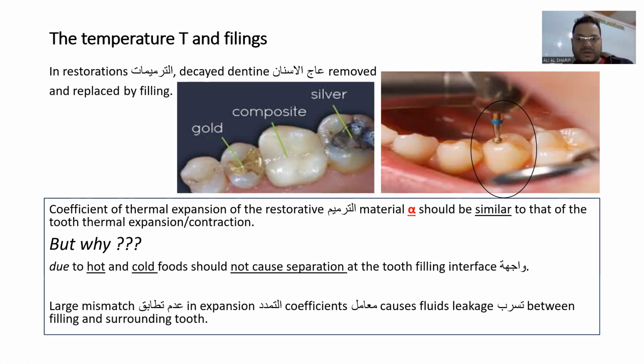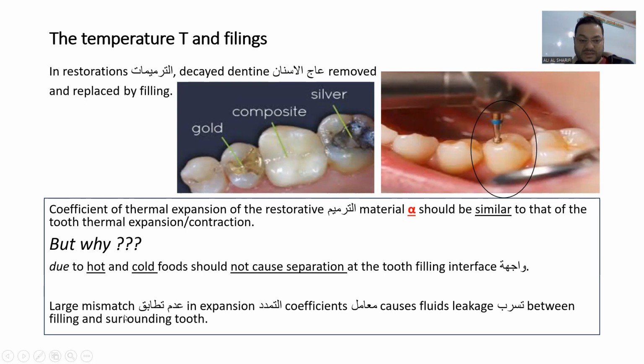The most important condition for your filling to have an opportunity to succeed is that it must have the same sensitivity to temperature as any human tooth. Let me be more specific. But why? Due to hot and cold foods, there should not be separation at the tooth filling interface.